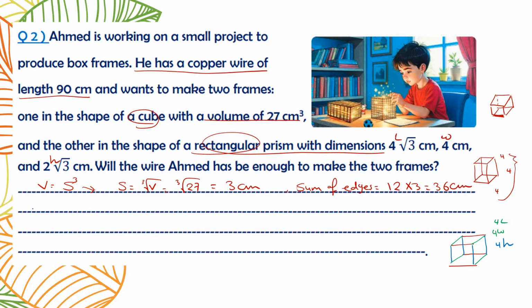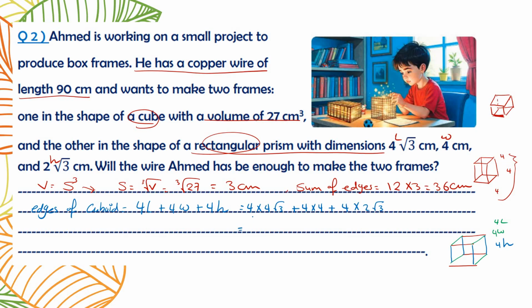So how can we find the edges of the rectangular prism or cuboid? Okay, to make it easier for me to write, the sum of edges equals what? 4 length plus 4 width plus 4 heights. It means 4 times the length, which is 4 square root of 3, plus 4 times the width, which is 4 times 4, plus 4 times the height, 4 times 2 square root of 3.